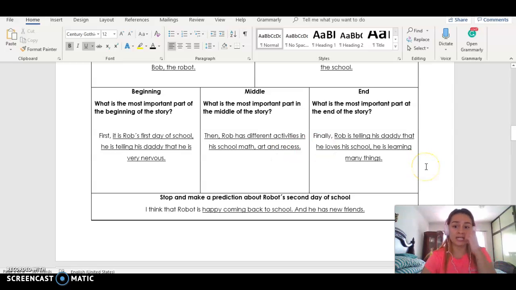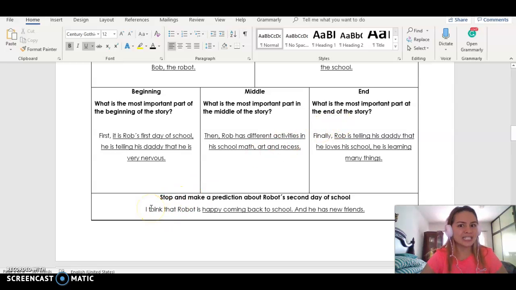And at the end, we say that Rob is telling his daddy that he loves his school and he's learning many things. He is learning, Rob is telling. Did you see that we use present progressive? So I invite you to always write present progressive when you are using these mind maps for reading.